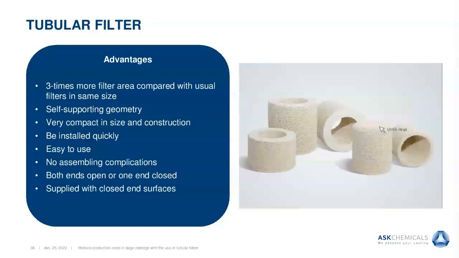In addition, the tubular filter's length and or diameter can be varied based on the needs of the application. Of course, they can be produced in the usual porosities and materials that reticulated foam filters are normally supplied in.